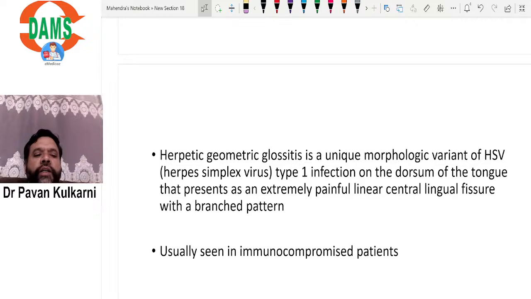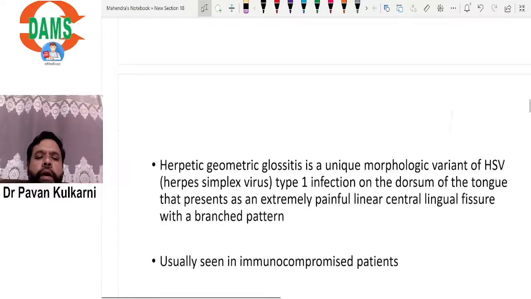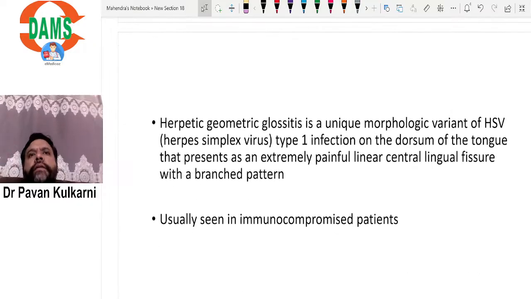If that patient develops herpes simplex, the patient might develop geometric glossitis, where typically on the dorsum surface of the tongue, there will be fissures, and those fissures will be painful, and they will have a branched pattern.